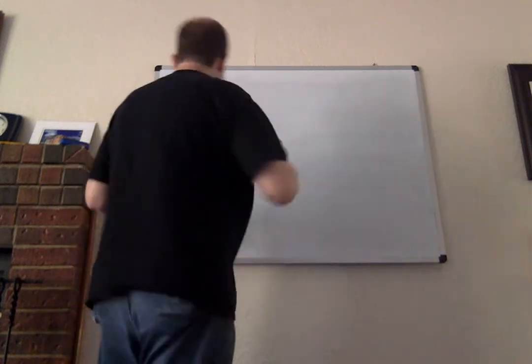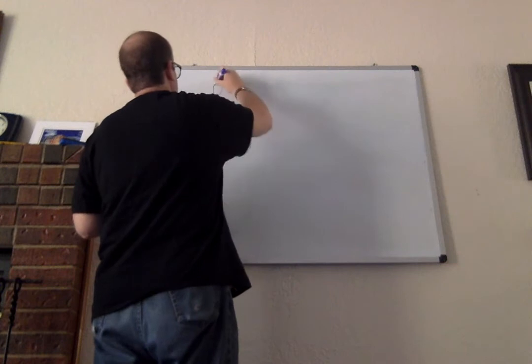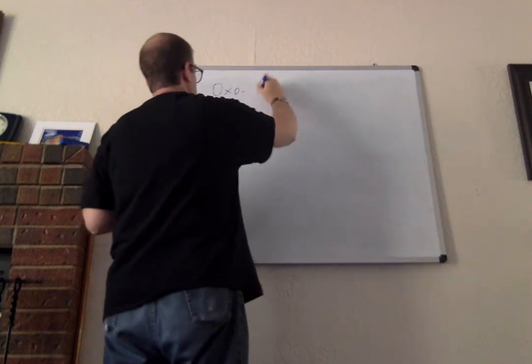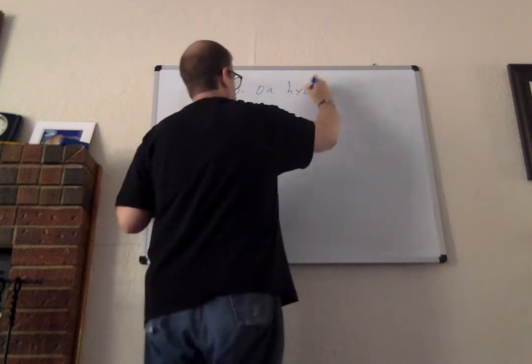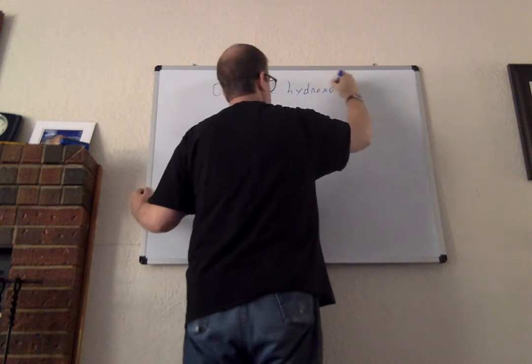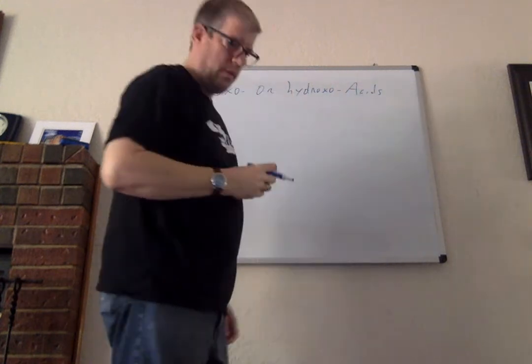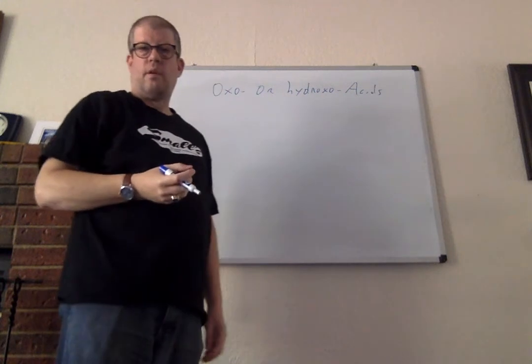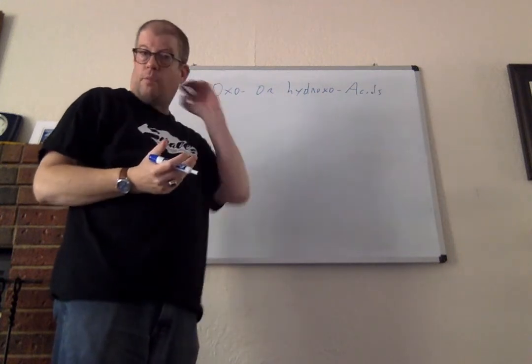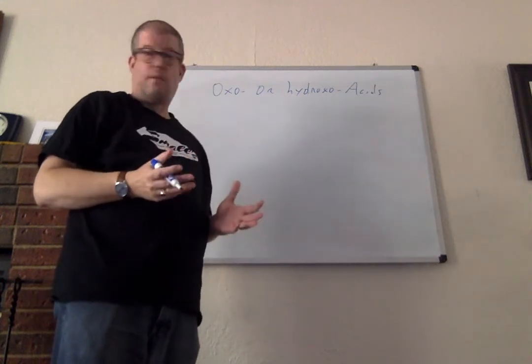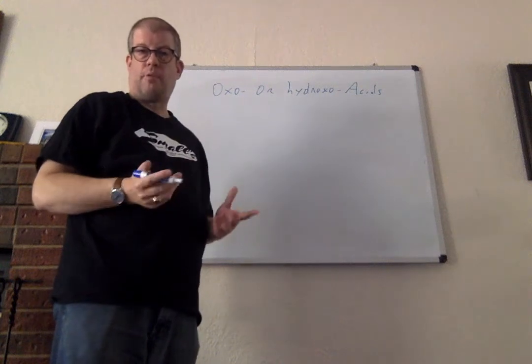These are what are called oxo or hydroxo acids. And so what normally happens is once you start introducing more and more oxygen to the acid itself, the acid becomes stronger.